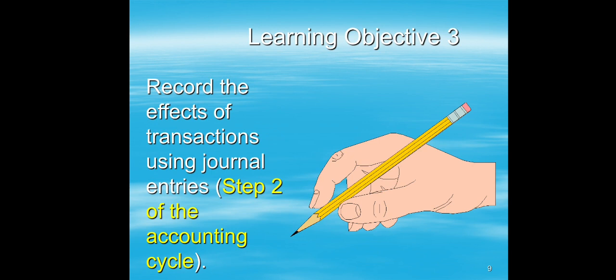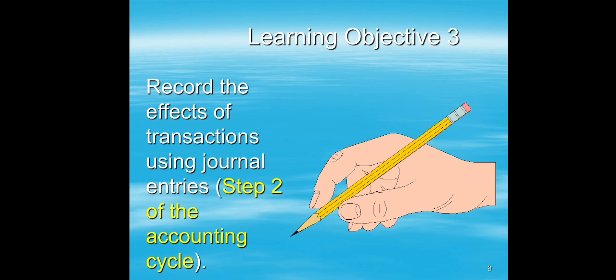Okay, in this lecture, this is still topic 2 in this course. You can check in the course outline. So in the previous lecture, you have started to learn about accounting process.